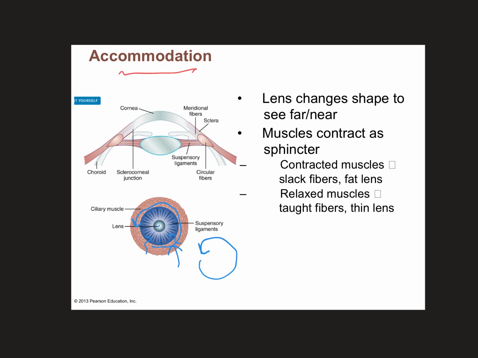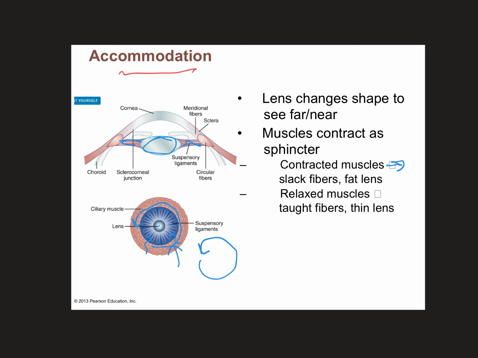At rest, though, these suspensory ligaments are taut, they're tight, and the lens is skinny. All right, so in order to see up close, you need a fat lens. The muscles, again, contract as a sphincter, contracted muscles, loose fibers, like our example of the trampoline.